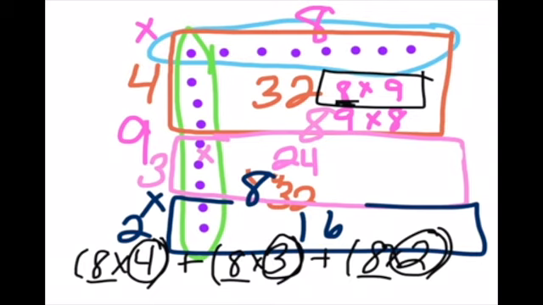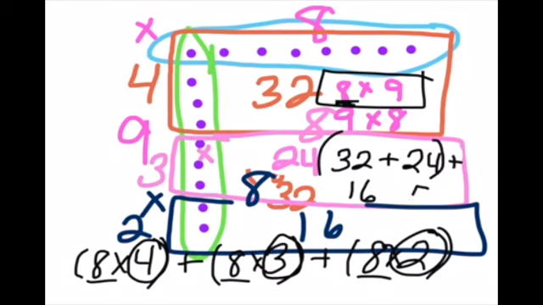So 8 times 4 was 32 plus 24 because of 8 times 3 plus 16 because that was 8 times 2. And then I add them together. For 32 plus 24, let's figure that out. First, you should get 56 plus 16 because that was what was left over.